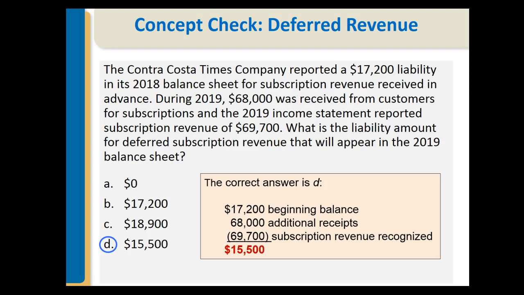And the subscription revenue that has been recognized is $69,700, which means we reduced it from the liability and showed it as revenue. So the remaining balance in this liability account, known as deferred revenue, is $15,500.